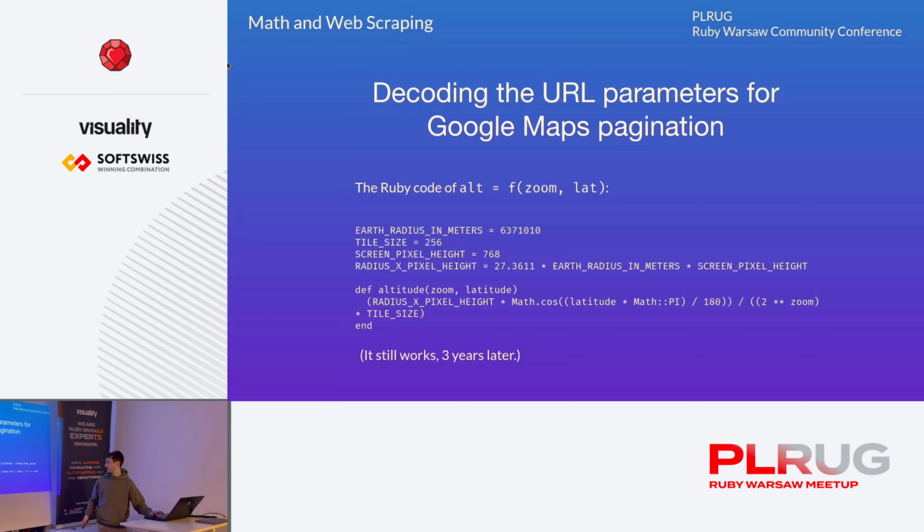z. And that's one of the parts that I really love about Ruby, that I can do a multi-line regular expression with comments. And this regular expression still works 3 years later. So basically, here is how we extracted parameters from that LL parameter.